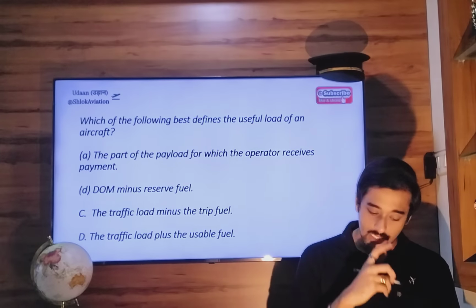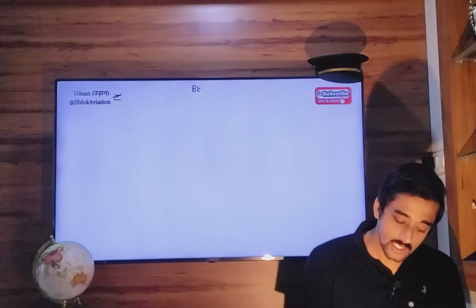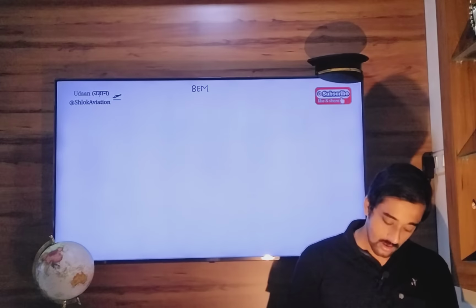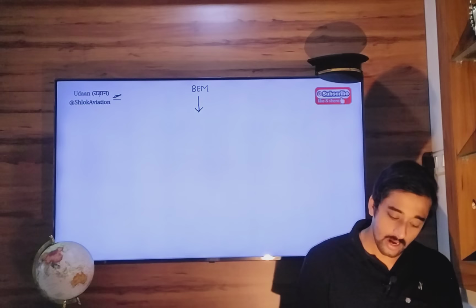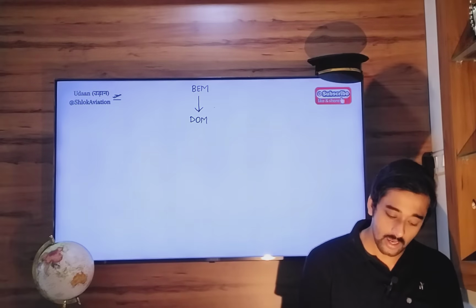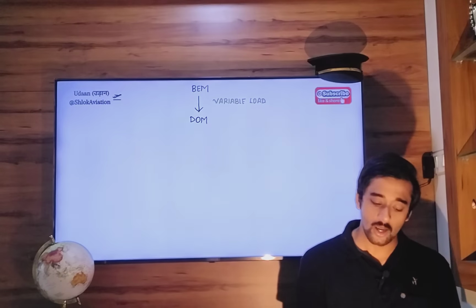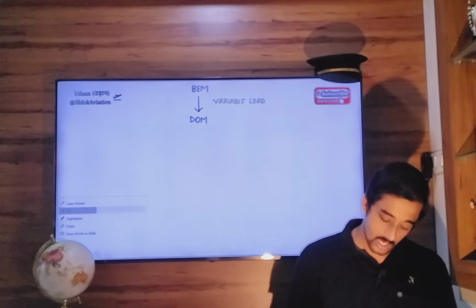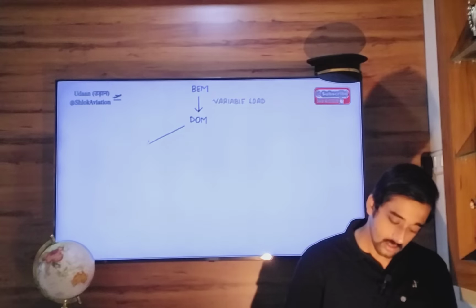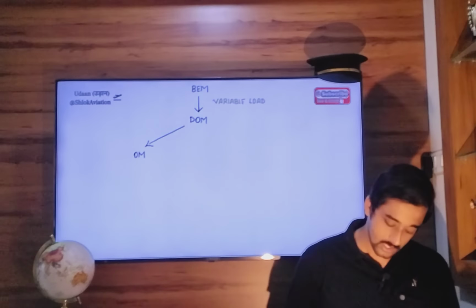Which of the following best defines the useful load of an aircraft? So we always start with the basic empty mass, which is the standard empty mass of your aircraft. Now when you add variable load to this basic empty mass, you get dry operating mass. Dry operating mass plus takeoff fuel, or fuel on board, equals operating mass.